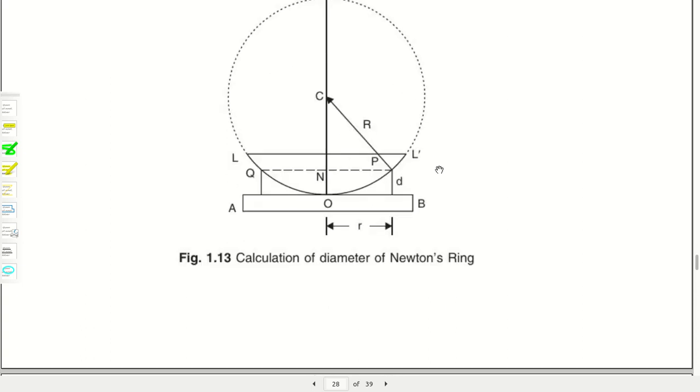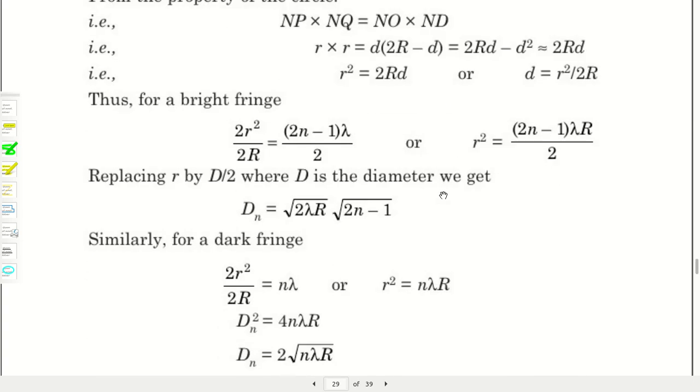The ring radius you have evaluated in due course, and you can find the ring diameter also. Dn is twice r. In place of r you can put the expression, and there you can simplify that Dn is equal to root under 2 lambda R into root under 2n minus 1 for the nth bright fringe.